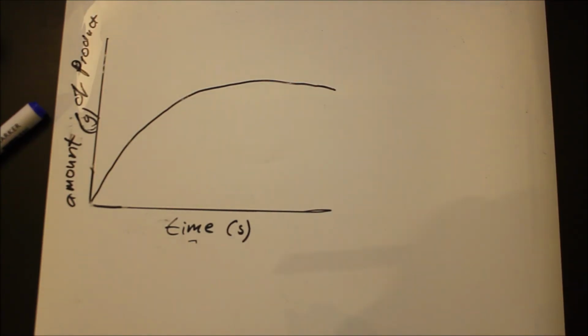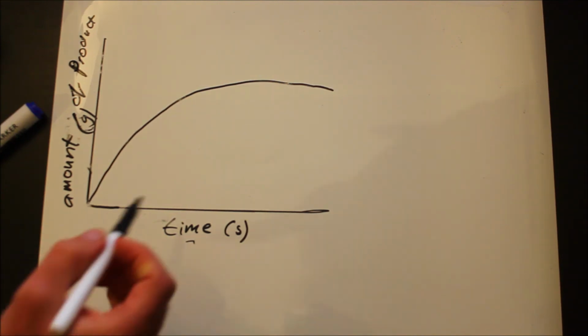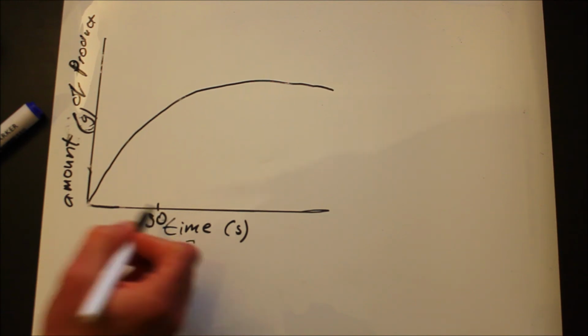You should also be able to work out a mean rate of reaction from a graph. You may be asked in the exam, work out what the mean rate is at 30 seconds. And say 30 seconds is here on the graph at this particular point.